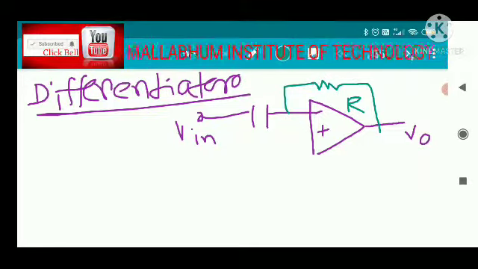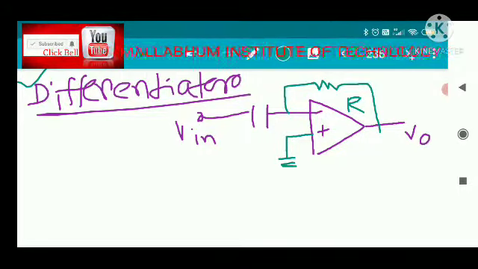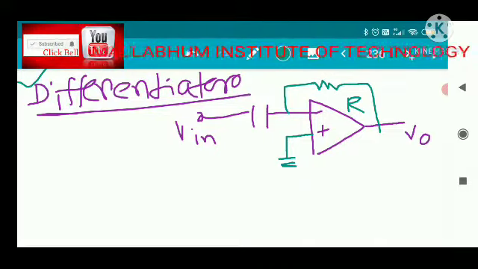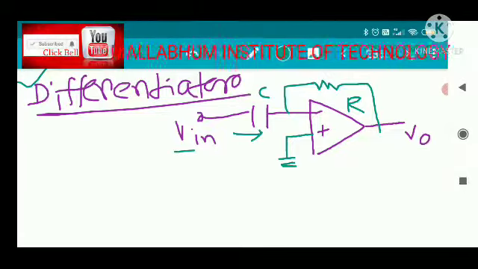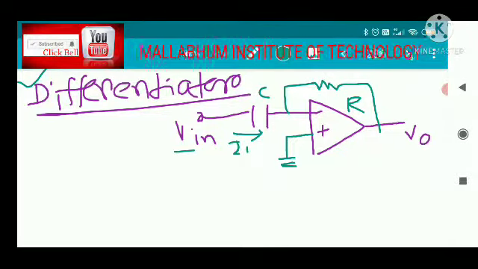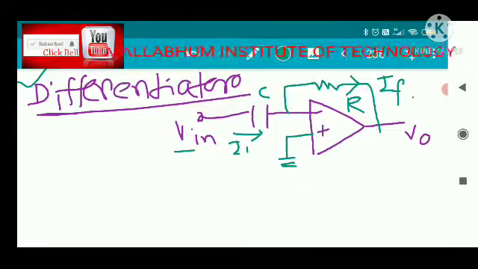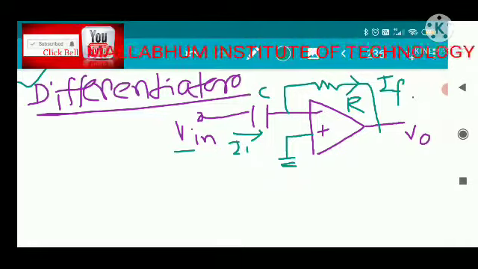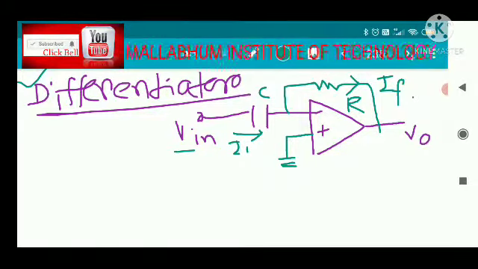So we just interchange the resistance and the capacitor of the integrator circuit, and it becomes the differentiator circuit. The current flowing through the capacitor is I1, and the current flowing through the resistance is IF.